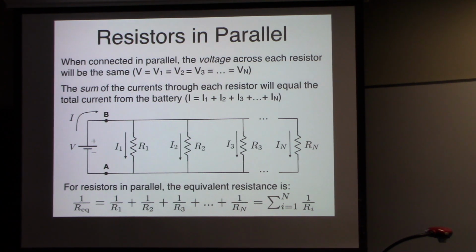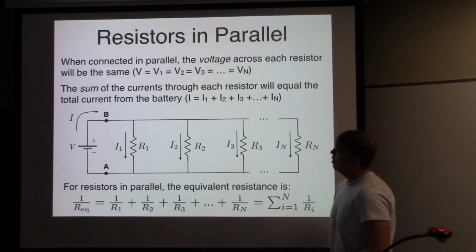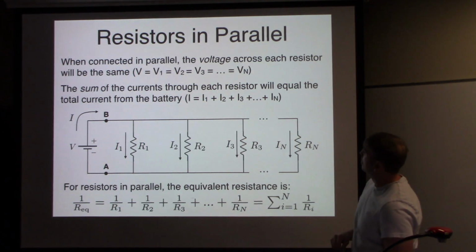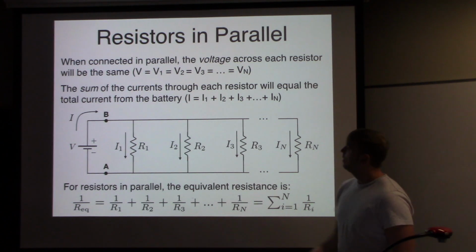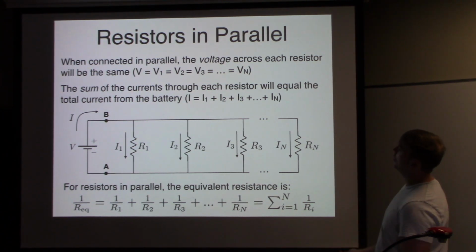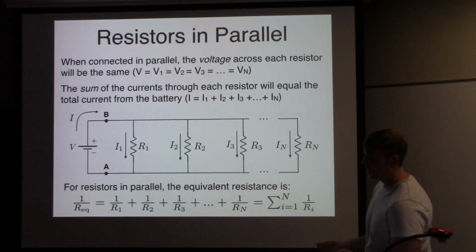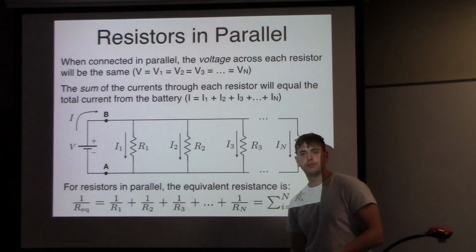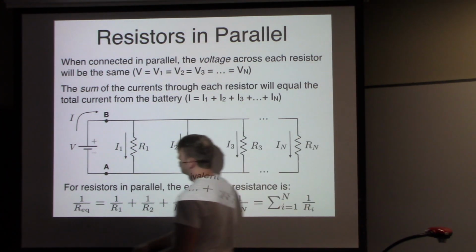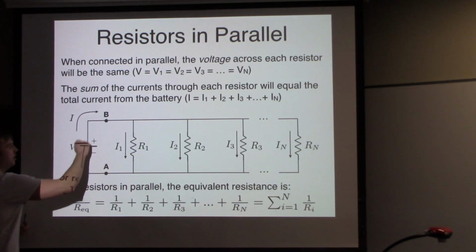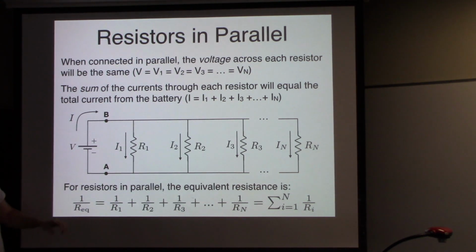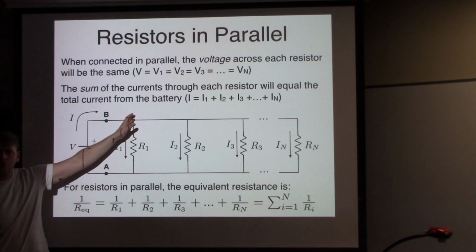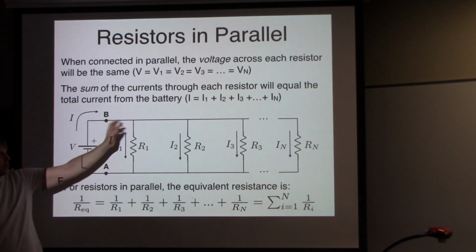The next point is about current. The sum of the currents through each resistor will equal the total current that's flowing through the battery. The way you can see this is to think about the fact that charge is conserved. Whatever charge flows through the battery in a given amount of time has to go somewhere. It actually goes through a lot of different paths. It branches off.